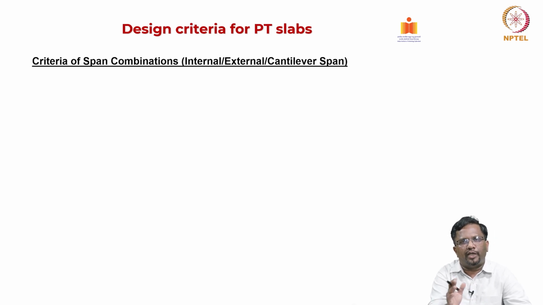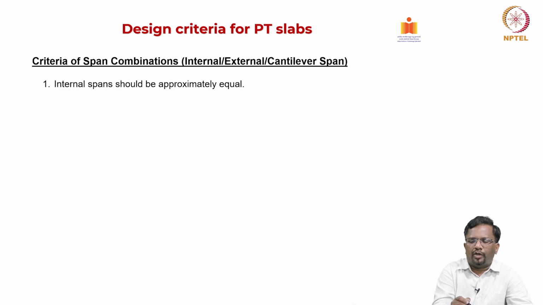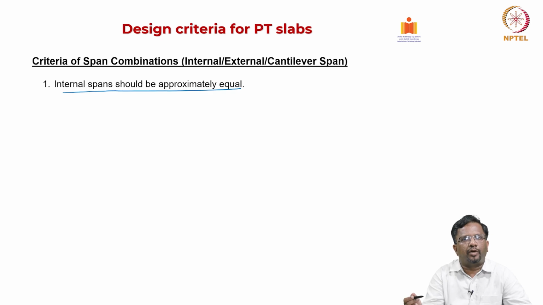Now, if I change the proportions of your end span and interior span, then I can achieve more or less uniform values of bending moment, because please note that here in PT I am using the same cable which is running throughout the entire length of the slab, right. So, I can come up with a more economical design if I am careful about the span layouts. Okay. So, for example, we typically try to keep internal spans nearly equal, right.